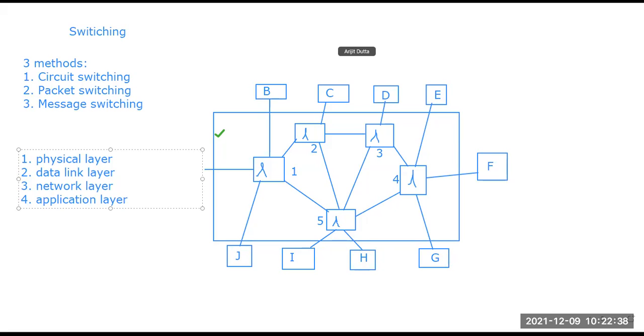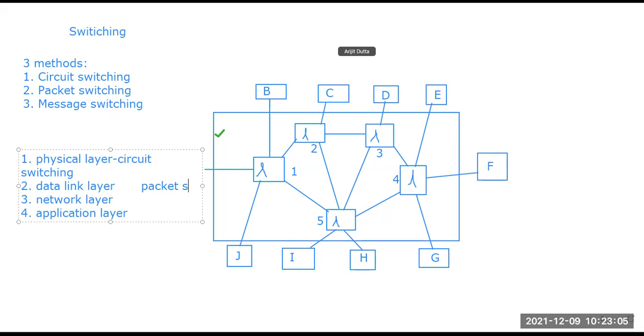So the physical layer has circuit switching, the data link layer and the network layer have the concept of packet switching, and the application layer has the concept of message switching. If I write it down: the physical layer has the scenario of circuit switching, the data link layer and the network layer have the concept of packet switching, and lastly, the application layer has the concept of message switching.